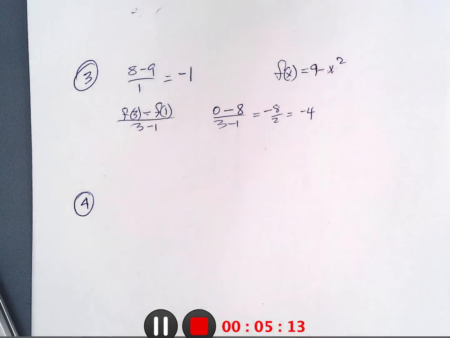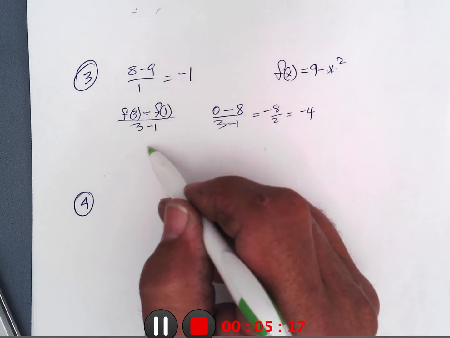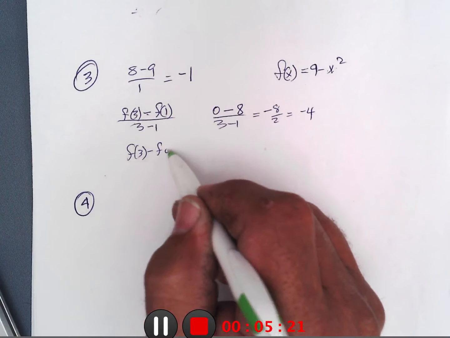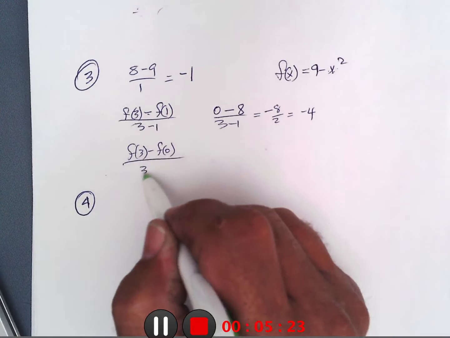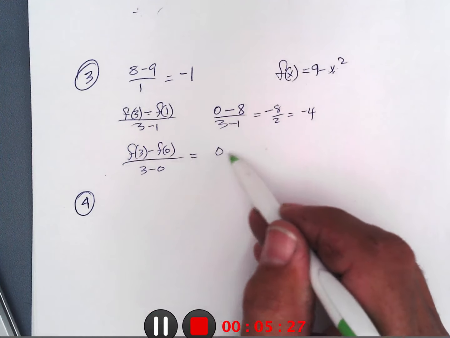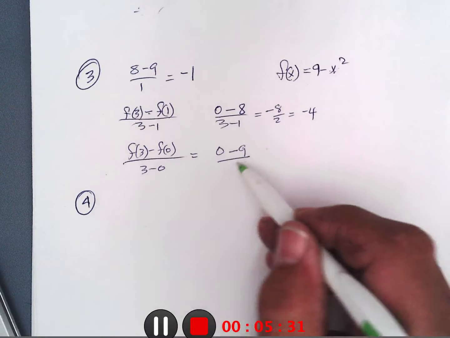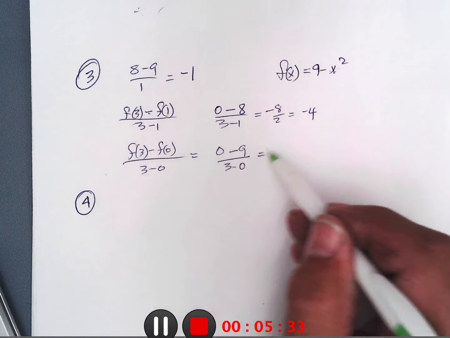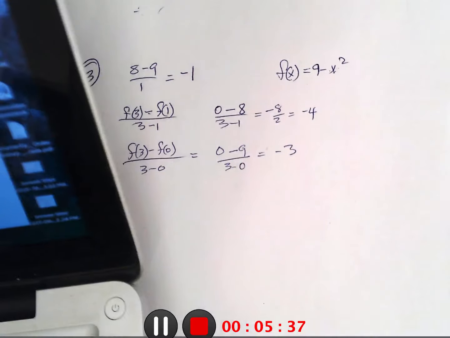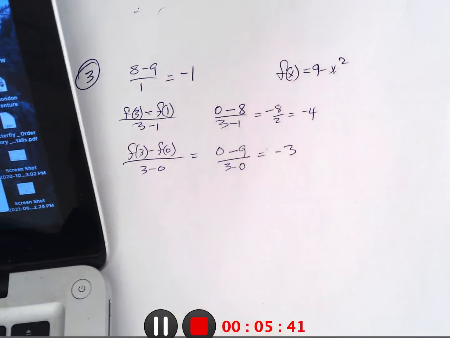And from 0 to 3, 3 in here gives 0, minus 0 in there gives 9, over 3 minus 0, which is negative 3. So the slopes are negative 1, negative 4, negative 3.